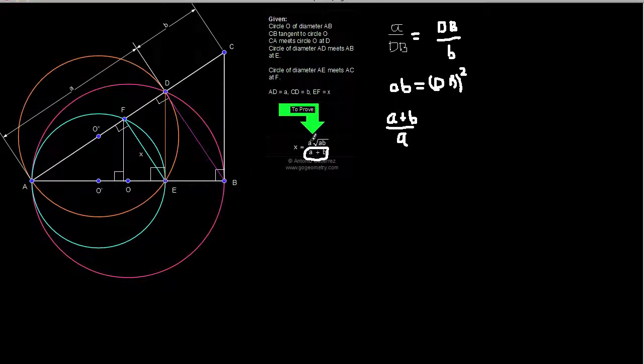A is a side, A plus B. Okay, I want to look at this triangle, this big one, but I don't want to look at this triangle here. What I want to do is look at this triangle. A plus B to A. See how confusing this is?